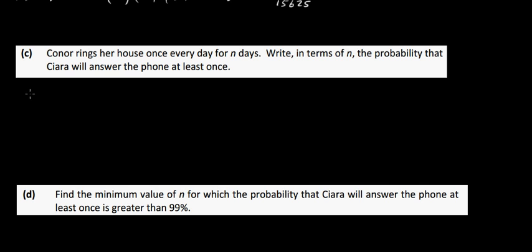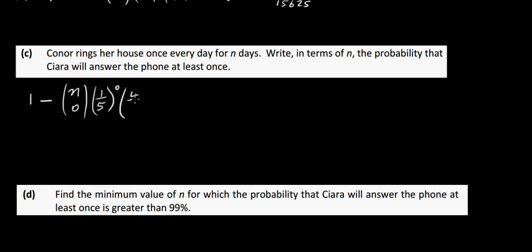So really what we're going to do is this: 1 minus the probability that she doesn't answer the phone in n days. So it's going to be n choose 0, so she doesn't answer the phone in n days. The probability of success again is 1/5 to the power of r, which here is 0.